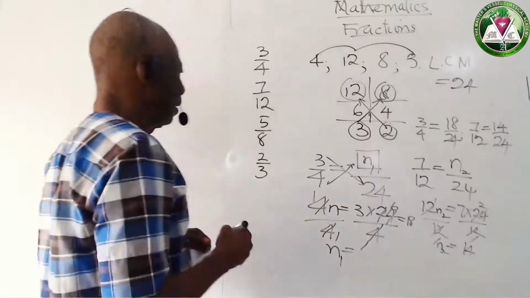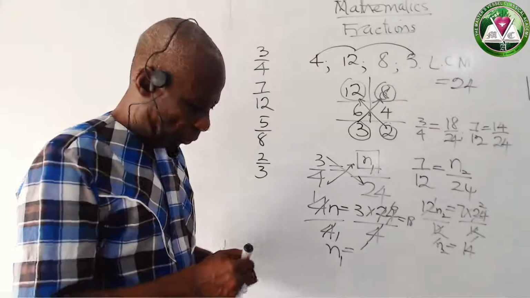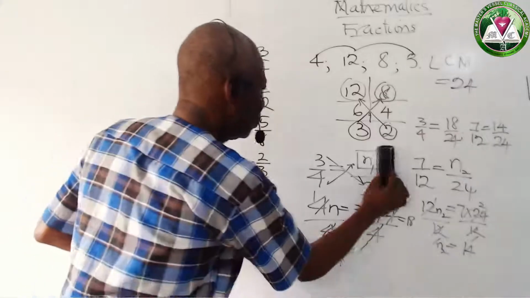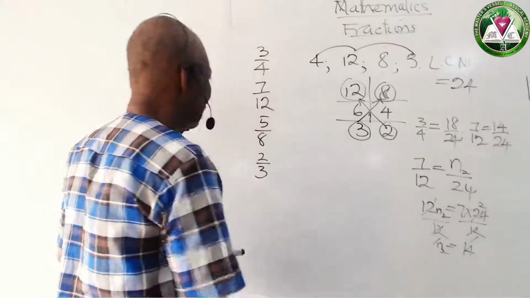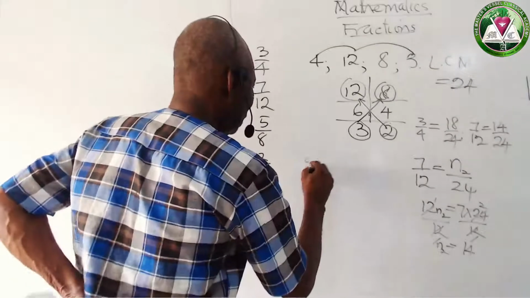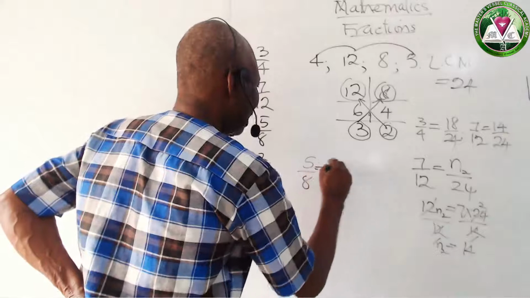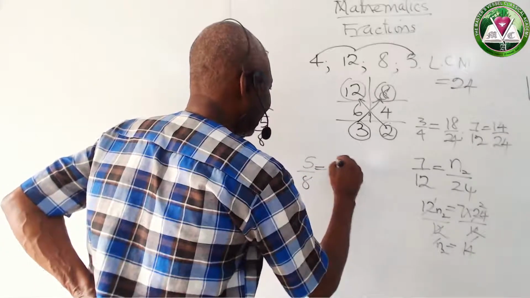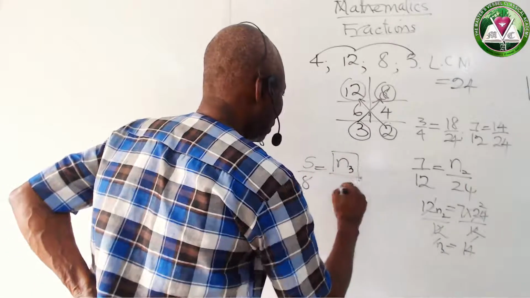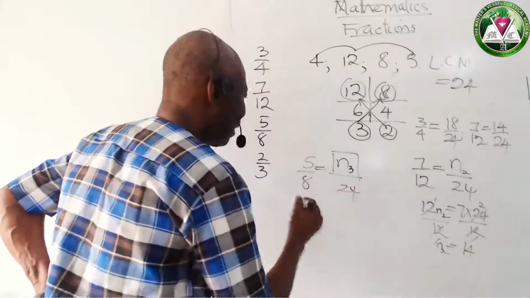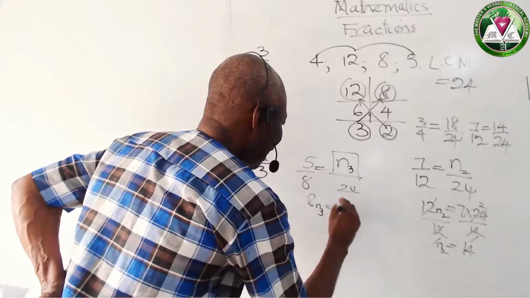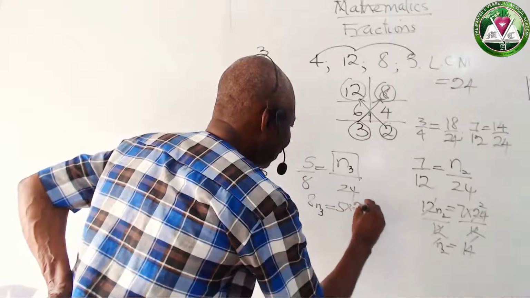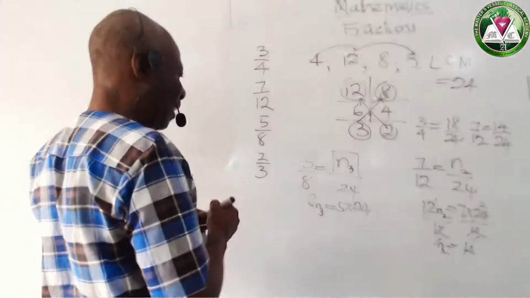In a similar way, we take the other ones. Now we have 5 over 8. We also say 5 over 8 is equal to another numerator, n3, inside the box, all over 24. Cross multiply again. 8 n3 is equal to 5 times 24. What is the coefficient of n3? 8.